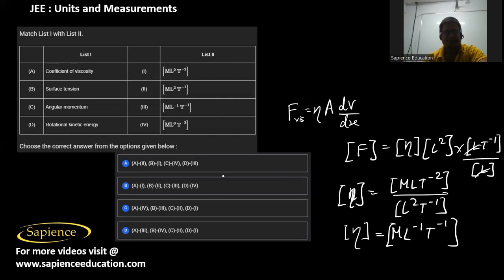So which is option 3. So A matches with 3. And then B is surface tension. Surface tension, we know, is equal to the force per unit length, or I can tell it is the work done per unit change in the area, that is delta W by delta A, that is equal to the surface tension.